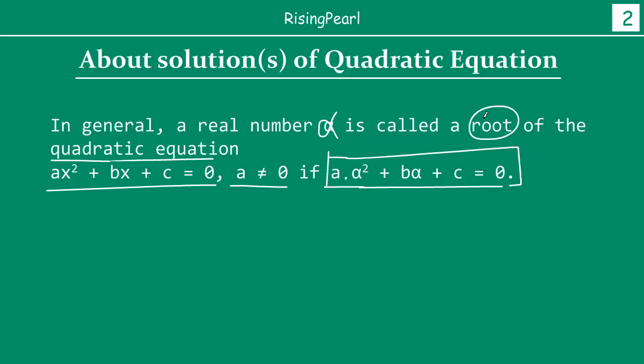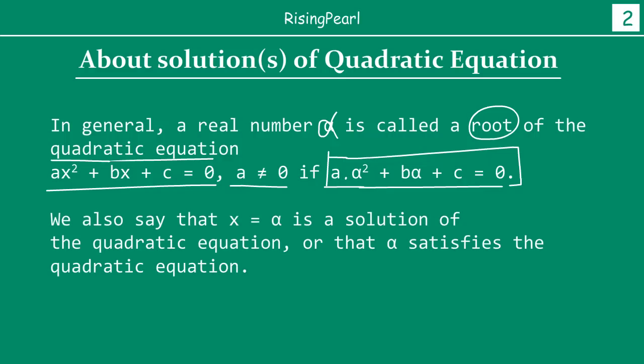Meaning alpha is one of those two values that satisfy the equation. We call it a root of the quadratic equation. We also say that x equal to alpha is a solution of the quadratic equation, or also that alpha satisfies the quadratic equation.